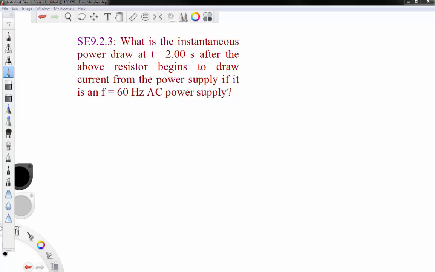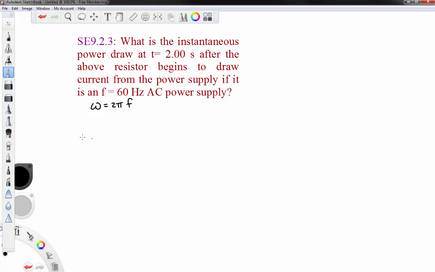So what is the instantaneous power draw at 2.0 seconds after the above resistor has begun to draw the current, assuming that we have an f equals 60 Hertz AC power supply? Well, recall that omega is 2 pi times f.